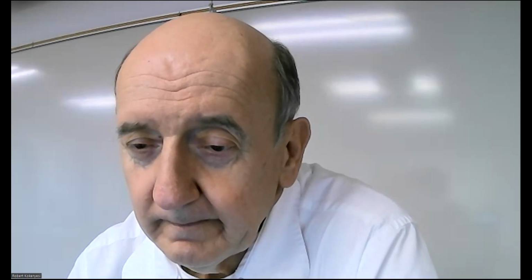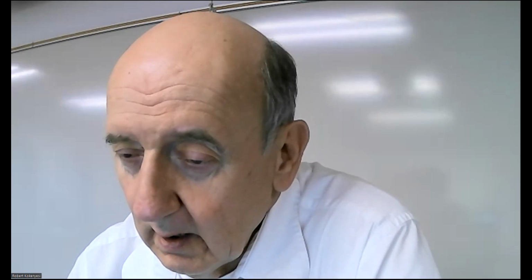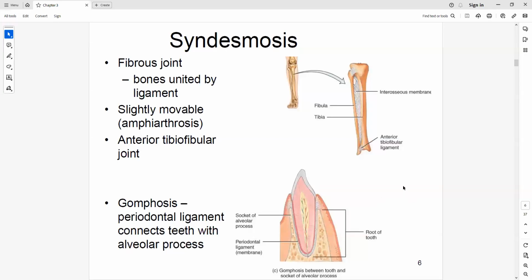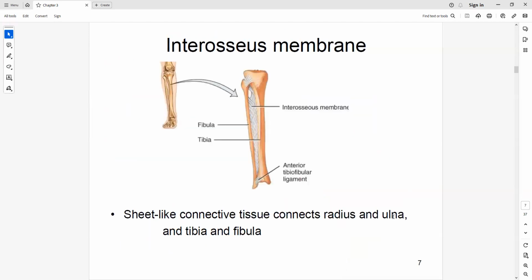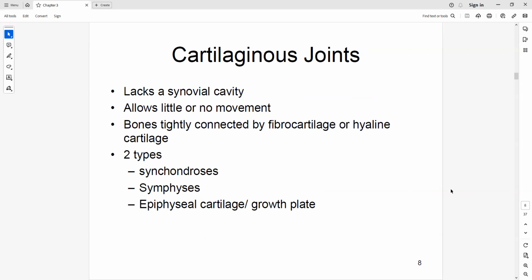Let's go back to the lecture slides share here. And so here's the interosseous membrane, explained in a little greater detail.